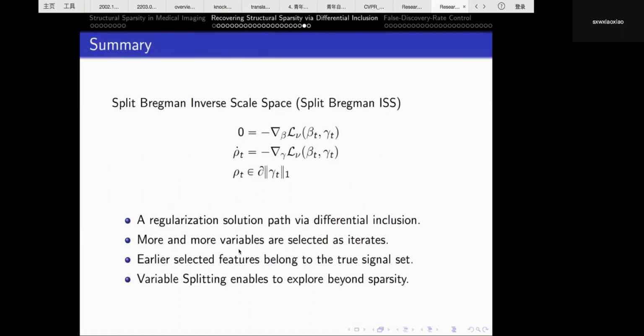In summary, we propose a novel iterative algorithm which can generate a whole regression solution path via a differential inclusion and with a simple discretization algorithm. As it iterates, more and more features will be selected, and the early selected features belong to the true signal set. The variable splitting term, on the other hand, enables us to explore beyond the sparsity.